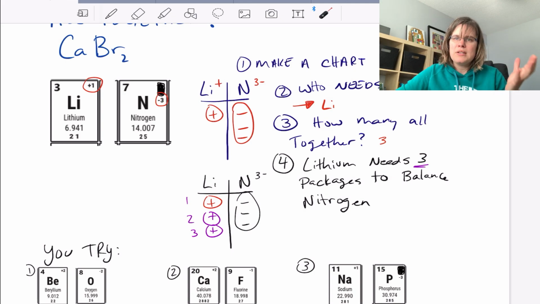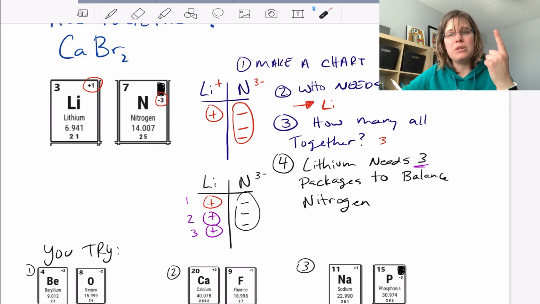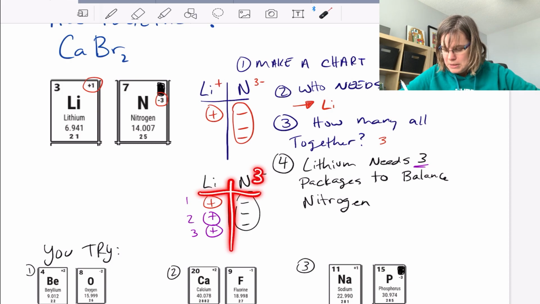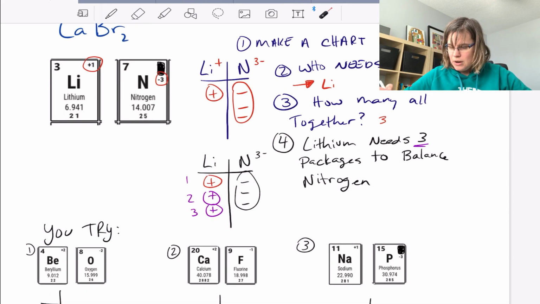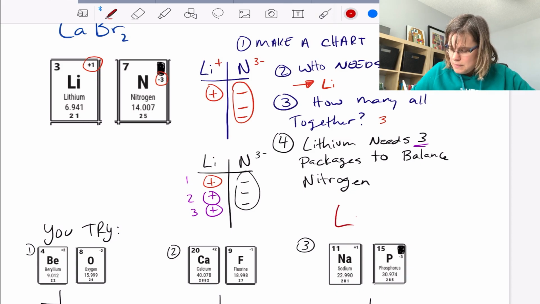But the question is, how many lithiums need to balance nitrogen? Well, since there's only one package, you need to buy 3 packages of lithium to balance nitrogen's 3 minus. So 1, 2, and 3. So the answer to this question here is, and we didn't even write it down, lithium 3N.